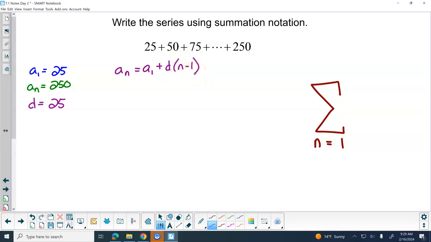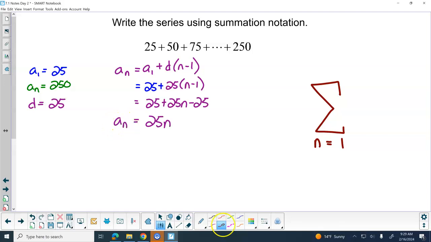If I utilize my rule, then this is going to be 25 plus 25, I should use a different color. That's right. And for my rule, that's going to be 25 plus 25n minus 25. So my rule is just going to be 25 times n. Would we agree with that rule? Yes? Okay.